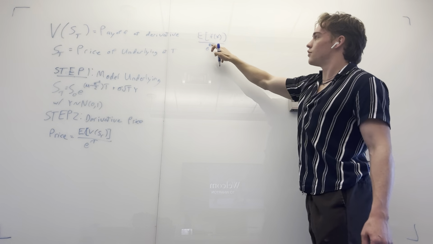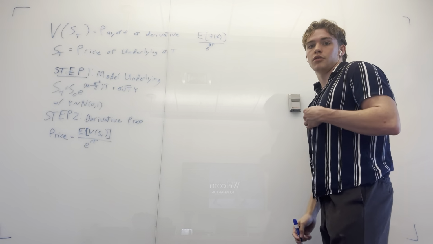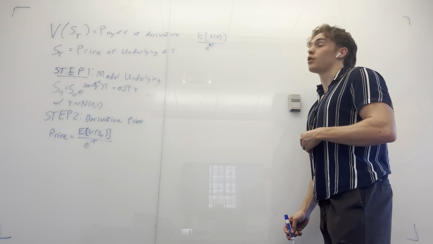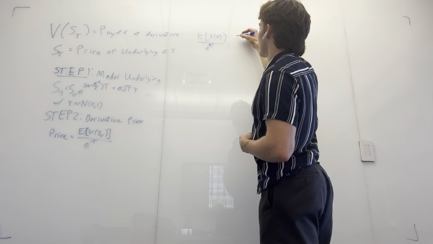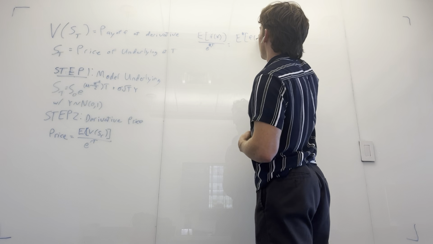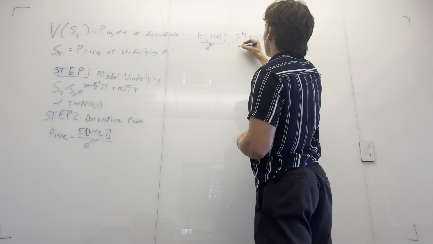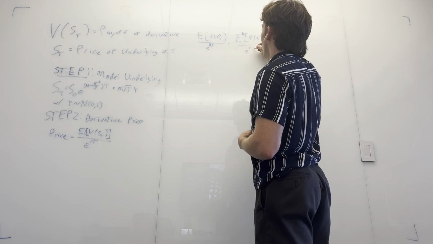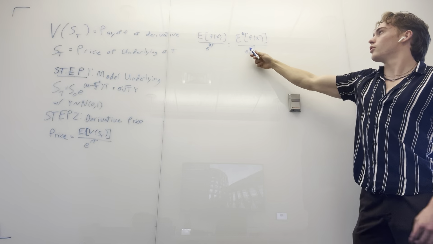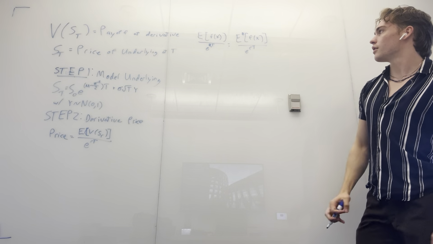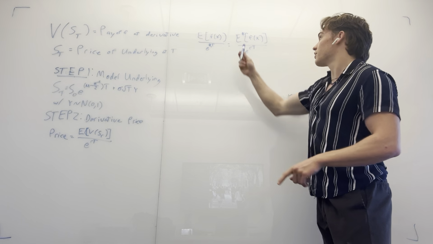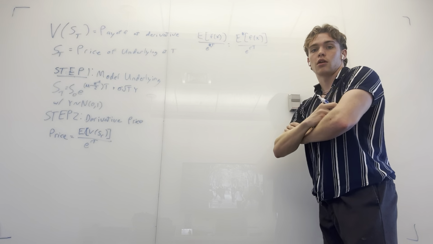So here we have e to the big RT, where this is our normal present value price. We're going to say that this is equal to E star of f of x over e to the little rt, where our little r is going to be our risk-free rate. And to actually calculate what this equals, this basically changes the probabilities.